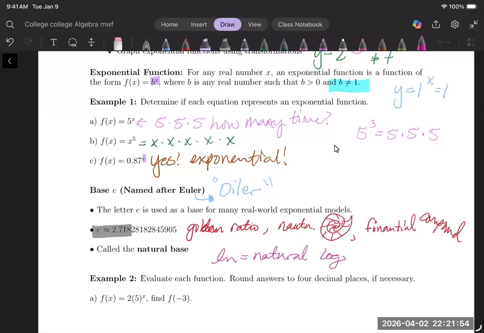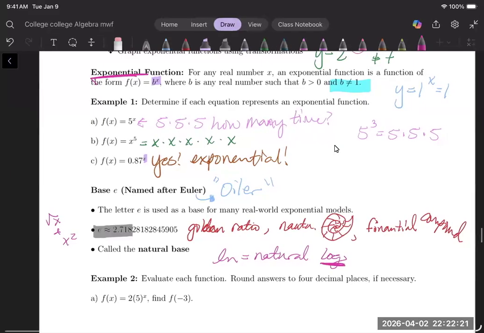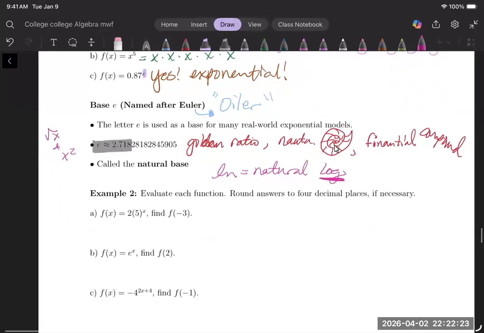So the natural base, its inverse is called the natural log, because exponents and logs undo each other, just like root x and x squared. Roots and squares undo each other. Exponentials and logarithms are inverse functions of each other. But I digress.